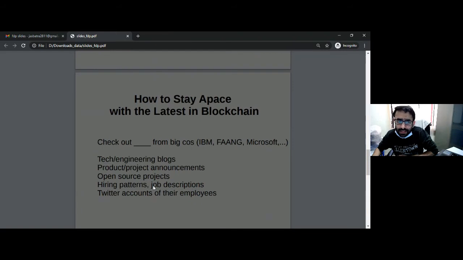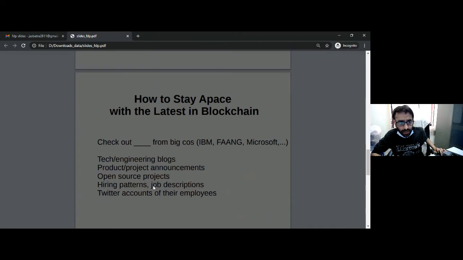Next point is to follow the big names, be they IBM or Facebook with its Libra and all that, Microsoft, Oracle even. Keep checking out what kind of products or projects they are announcing in the field of blockchain, if that's what you're interested in, or in any particular field that may be your area of specialization.